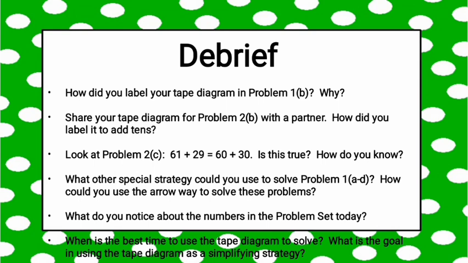How do you know? What other special strategy could you use to solve problem 1A to D? How could you use the arrow way to solve these problems? What do you notice about the numbers in the problem set today? And lastly, when is the best time to use the tape diagram to solve? What is the goal in using the tape diagram as a simplifying strategy?